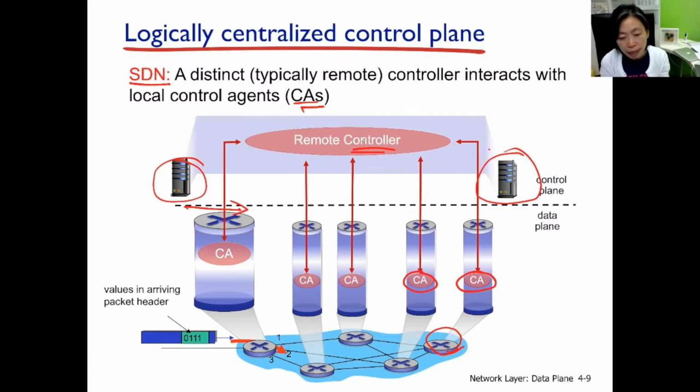After collecting information about who the routers are and their connectivity to neighboring routers, the controller can then do the powerful computation. Once the result is obtained, those tables are sent back to the control agent, and therefore installed into the data plane of the routers.